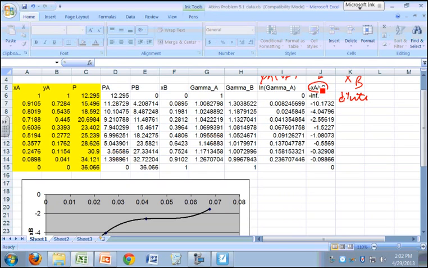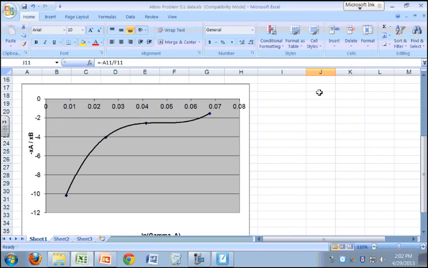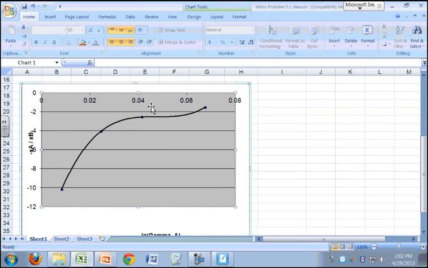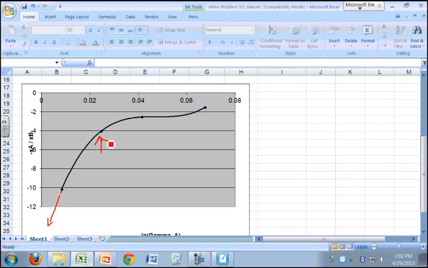Right, so I have very dilute solutions here. If we had extra data here, you would see this go further down. Okay, so let's say you wanted to know, for this second data point right here, what the ln gamma sub B for that is going to be.